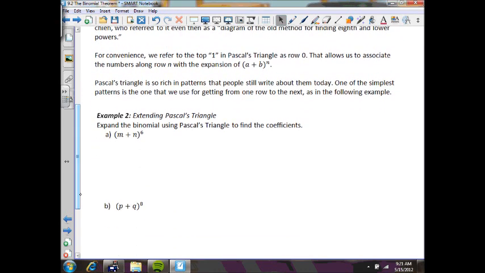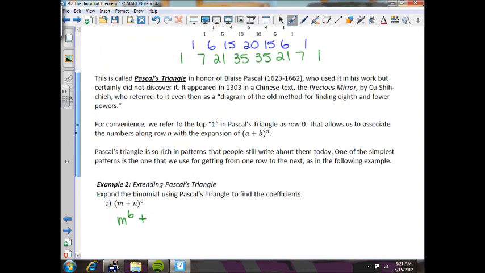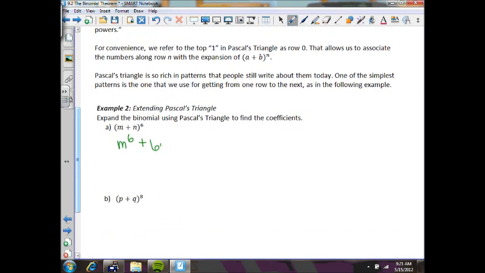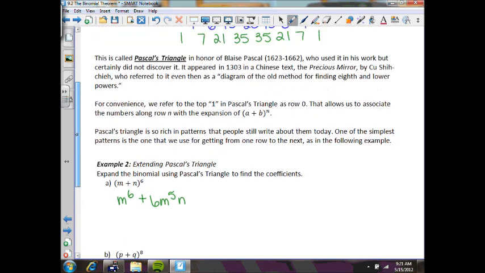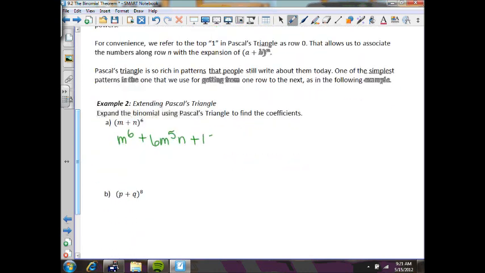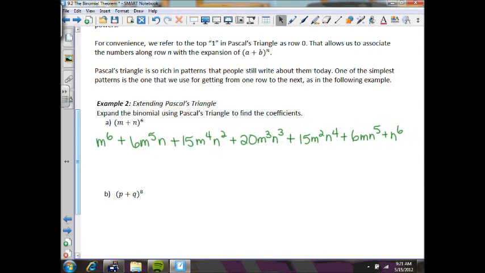So we'll have m to the 6th plus 6 m to the 5th n plus 15 m to the 4th n squared plus 20 m to the 3rd n to the 3rd plus 15 m squared n to the 4th plus 6 m n to the 5th plus n to the 6th. So once you get the hang of it, it's really not going to be that hard.